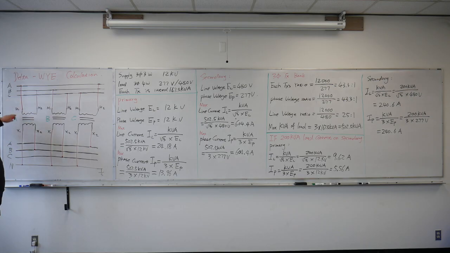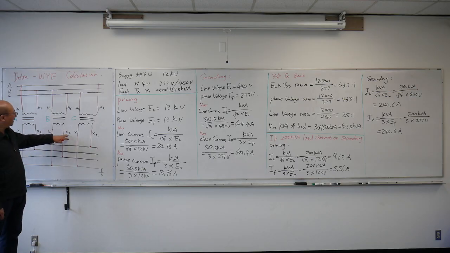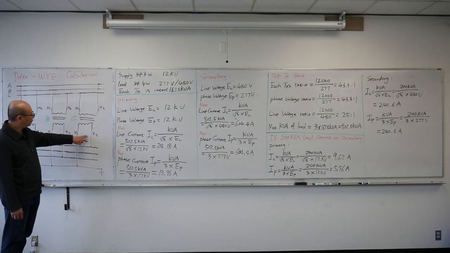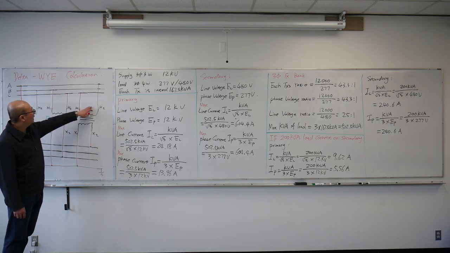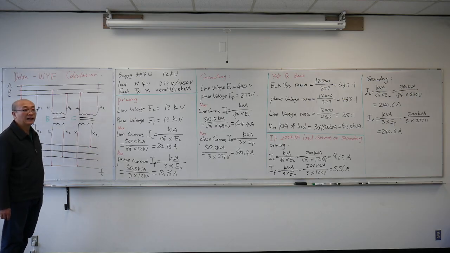So you can see a phase A transformer, H2 connects on B, so X2 connects on B. Phase B, H2 connects on C, X2 connects on C, and the C phase X2 connects on A line, and H2 connects on A line.